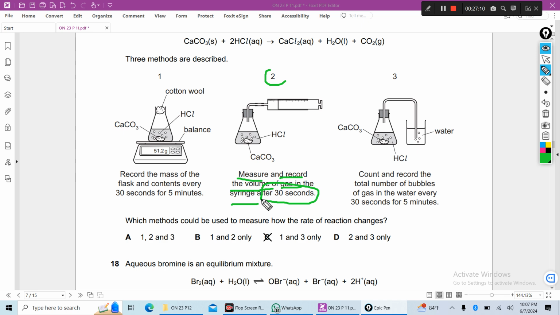That means after 30 seconds only one reading. So whether this will increase or decrease, or reaction is stopped or not, you cannot know by taking only one reading. So this is not suitable. By taking only one value, one volume, you cannot study the rate of reaction.